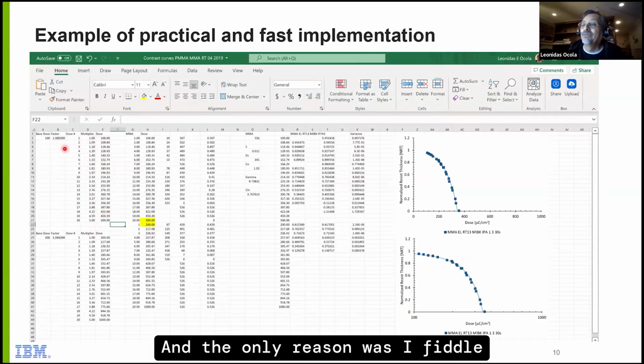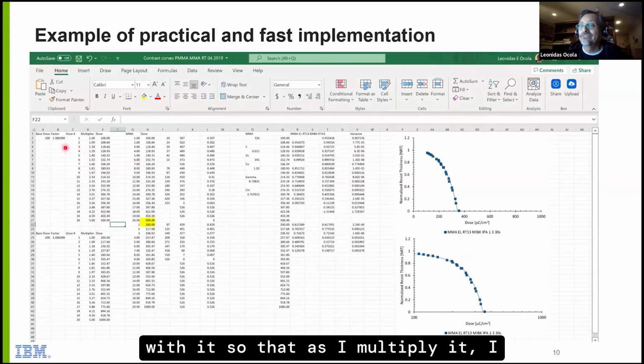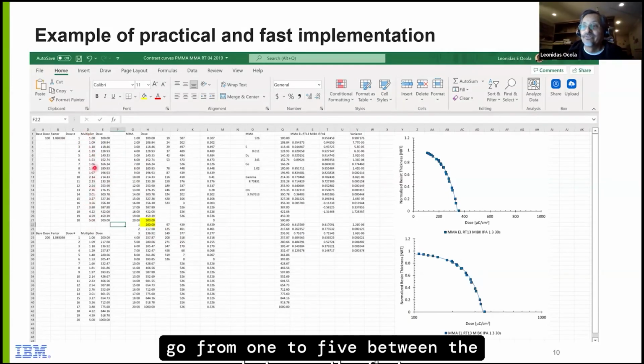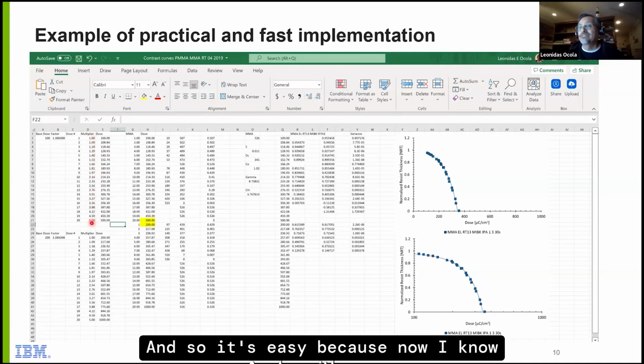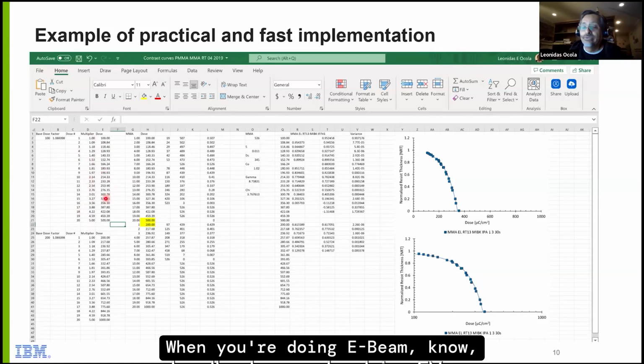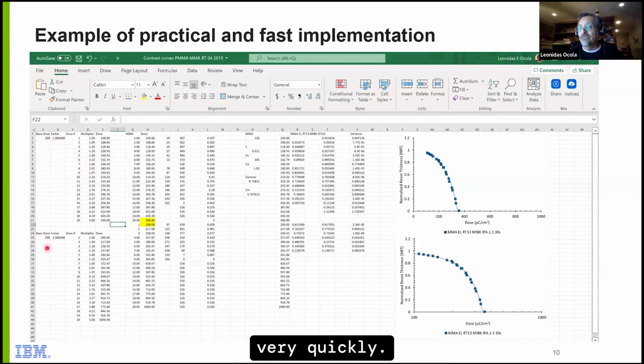The only reason is I fiddled with it so that as I multiply it, I go from 1 to 5 between the first dose and the 20th dose. So it's easy, because now I know that in 20 pads, I have covered a factor of 5 in dose. And when you're doing E-beam, if your pattern has these dose multipliers, and you're defining a base dose, then you can expose with different base doses very quickly.